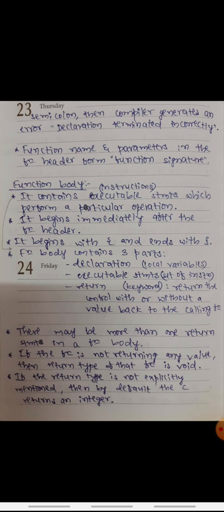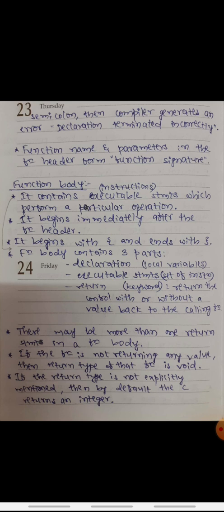Function body contains three parts: declaration, that is local variable declarations; executable statements, a set of instructions; and return, that is a keyword, which returns the control with or without a value back to the calling function. So when we use return, it may return some value to the calling function, or sometimes without a value it simply returns the control back to the calling function.